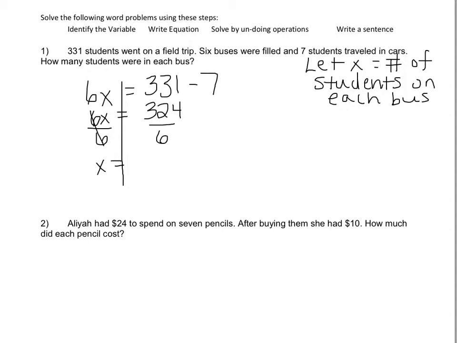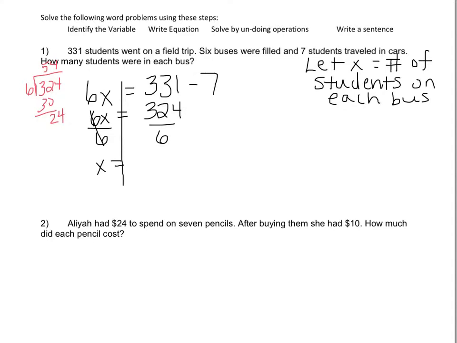So to do that off to the side, we'll do 324, divide that by 6. 6 goes into 32. How many times? 5 times. That equals 30. 2, bring down the 4. 6 goes into 24. How many times? 4 times. 4 times 6 equals 24. Good. Now, even number right there.